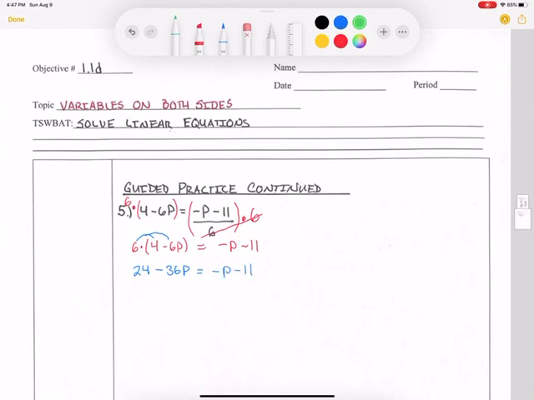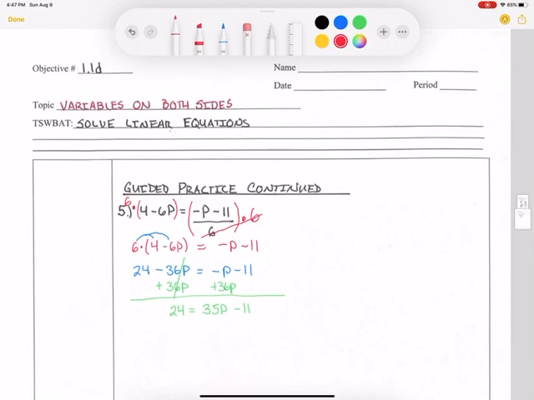Now I need to move the p's. I'm going to move 36p because I'm going to have to add it since it's negative. So plus 36p both sides. These will cancel each other out, and on the left side I'll be left with positive 24. On the right side I'll have negative p plus 36p. That's going to be positive 35p minus 11.